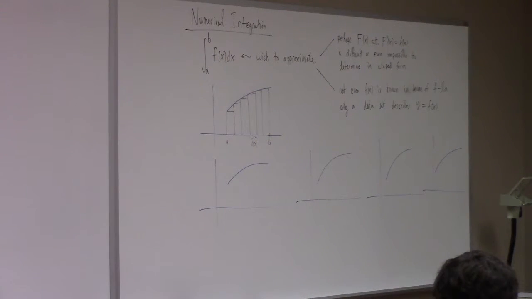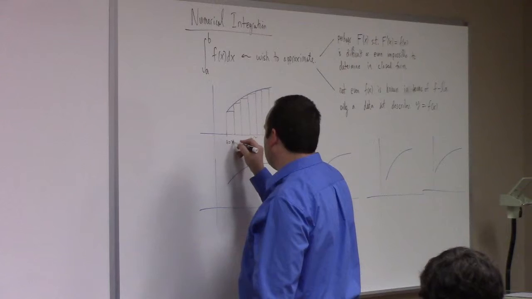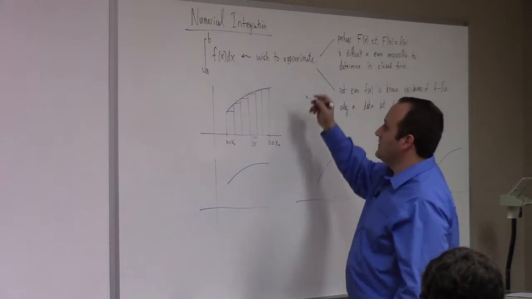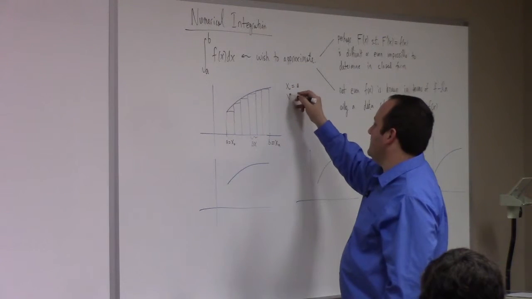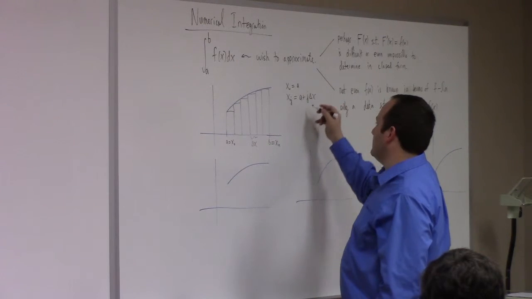The height of these boxes, so, to set this up, we need to talk about a partition. Remember back, we talked about partitions when you defined integrals, so a would be x naught and b would be xn. So you have x naught is equal to a, you have x sub j is equal to a plus j delta x. And how do you figure out the width of each box?